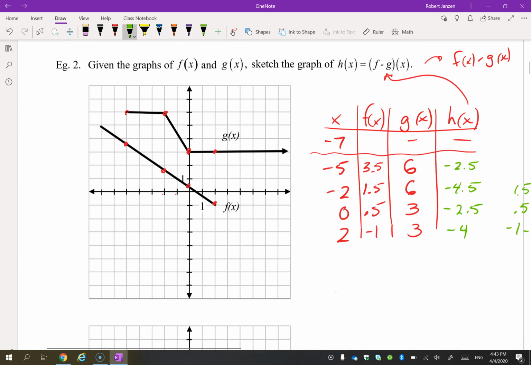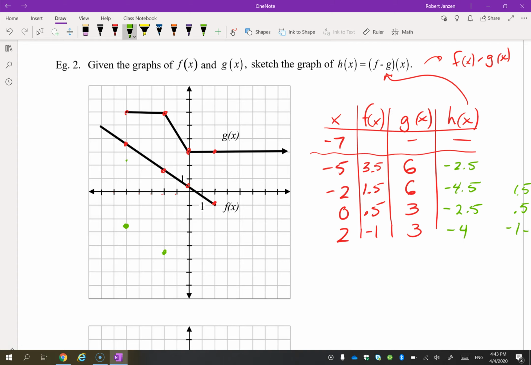Okay, so let's plot those points. At -5, it's going to be 1, 2, 3, 4, 5, 6. No, it's going to be -2.5, right here. At -2, we're at -4.5, right there.